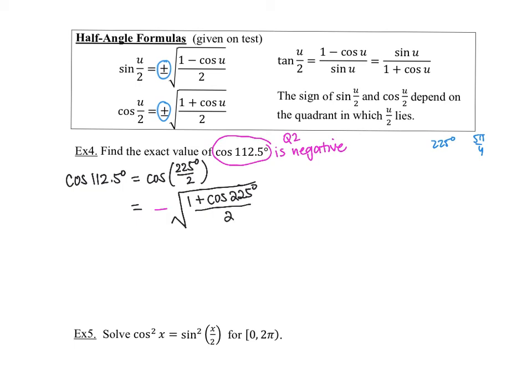The negative is known. Cosine of 225 degrees, remember that's 5 pi over 4. So 1 plus the cosine of 5 pi over 4, which is negative root 2 over 2. The whole thing is over 2.